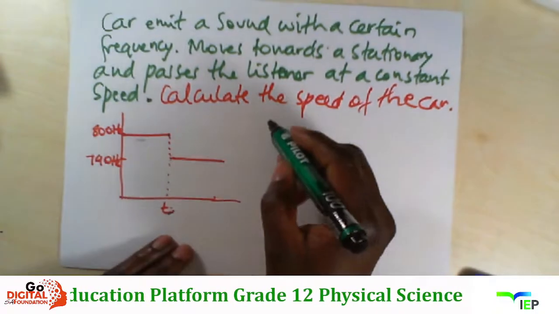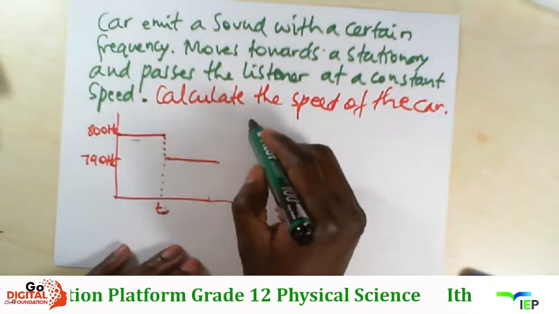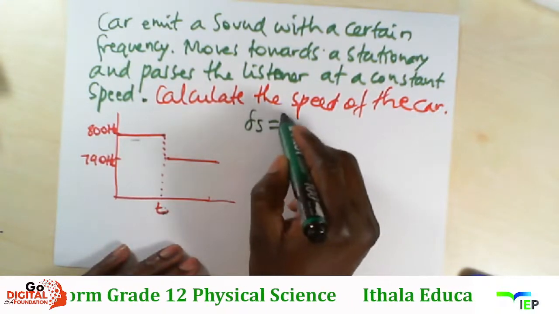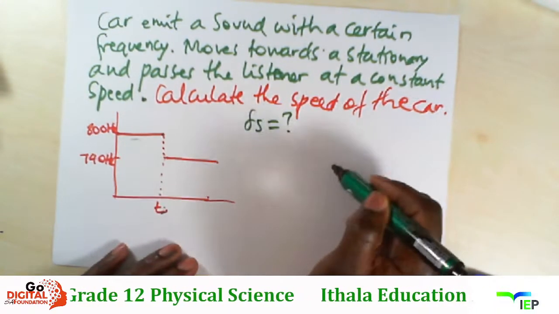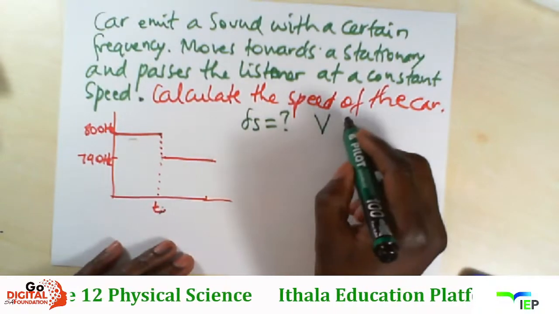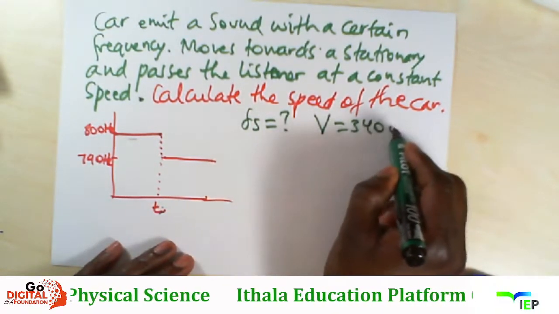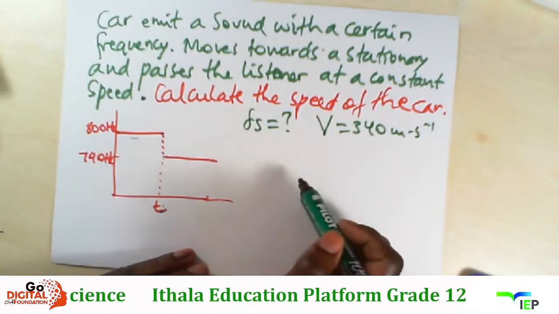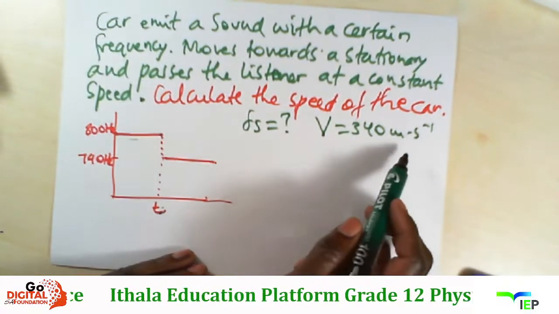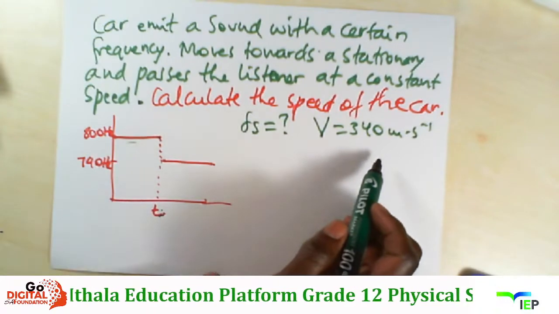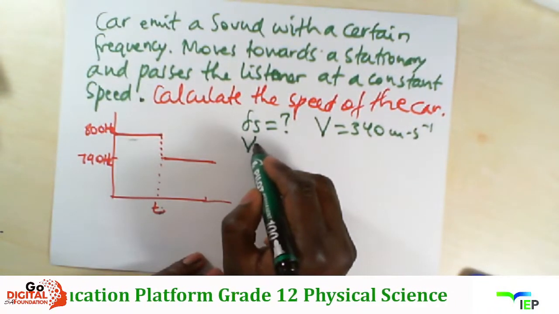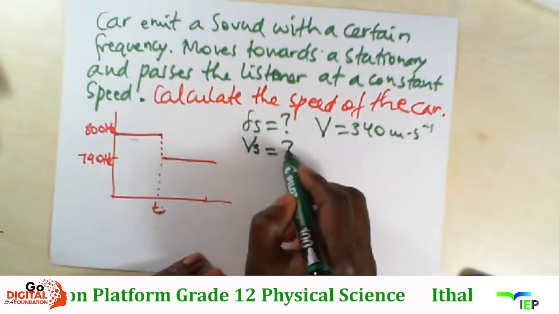Now let's look at what we know for now, we know that the frequency of the source we don't know. Right, the speed of sound in air is 340 as it was given. Right, we use the same thing. Consider the speed of sound as 340 meters per second. The speed of the source of the sound, we don't know it.